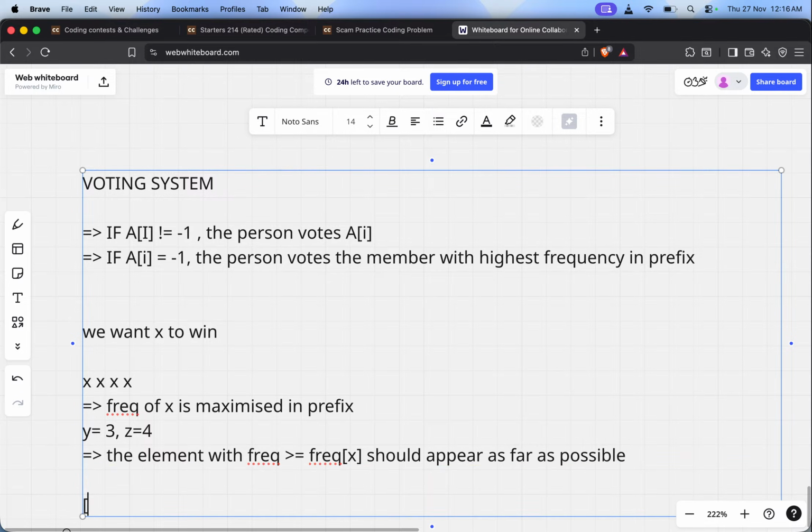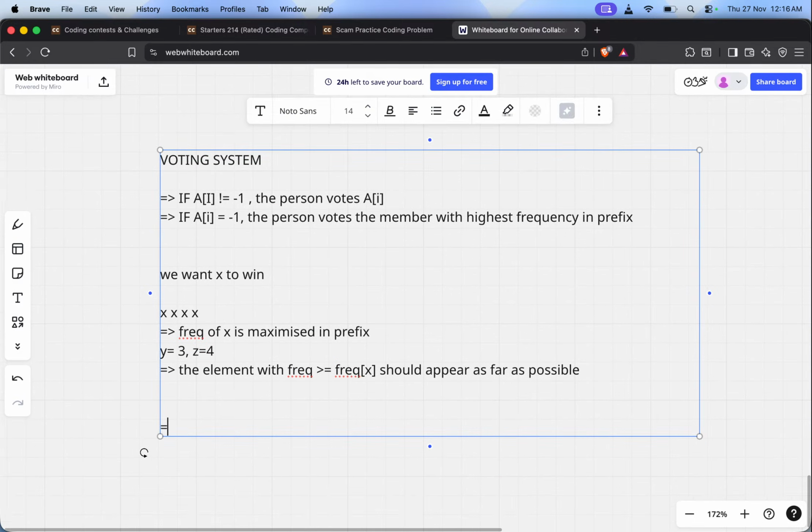How can this happen? Let's try to have a construction for it. We want the frequency to be as small as possible for the rest of the numbers with equal probability. So what if we pick one y, then one z, then one y, then one z, then one y, then one z, then again one z.